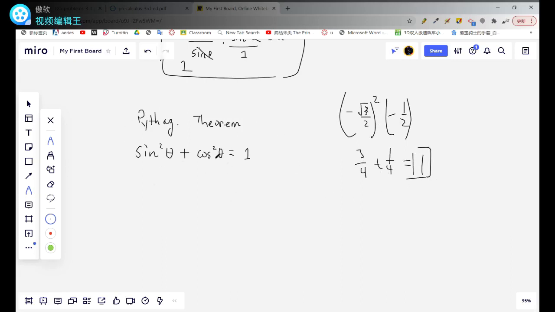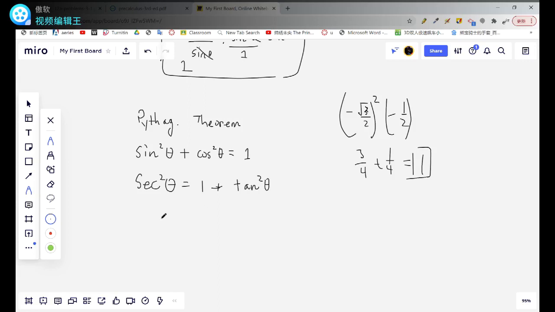And there are also others. Cosecant squared theta is equal to 1 plus cotangent squared theta. Don't forget the square when we write these.